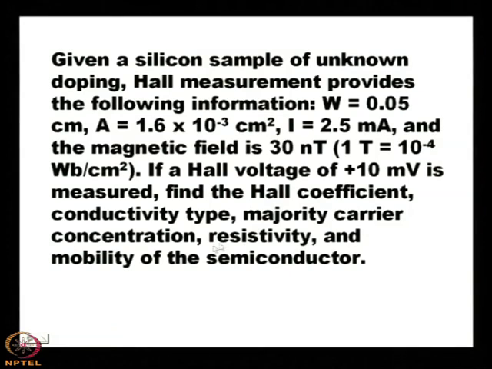Many things we have to determine. Okay. It is given that W equals 0.05 centimeter, area is 1.6 into 10 to the power minus 3 centimeter square, I equals 2.5 milliampere, magnetic field is 30 nano Tesla, and Hall voltage is given.